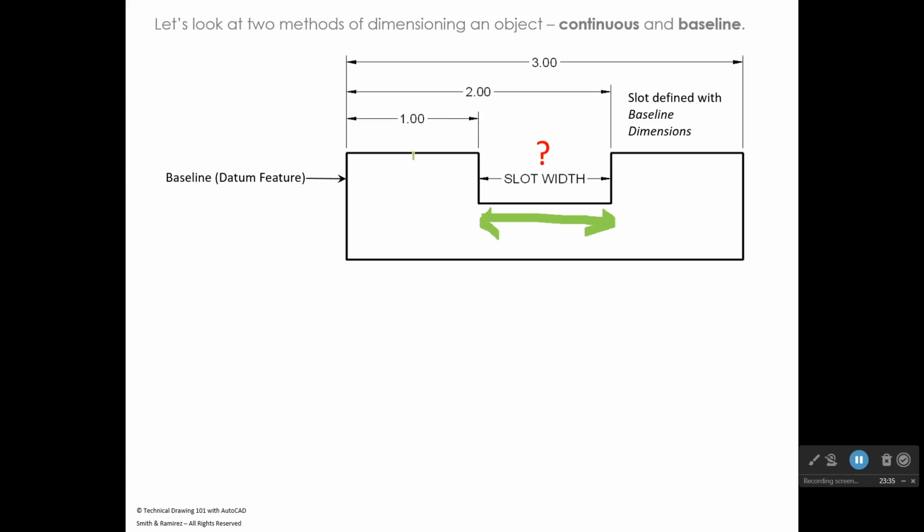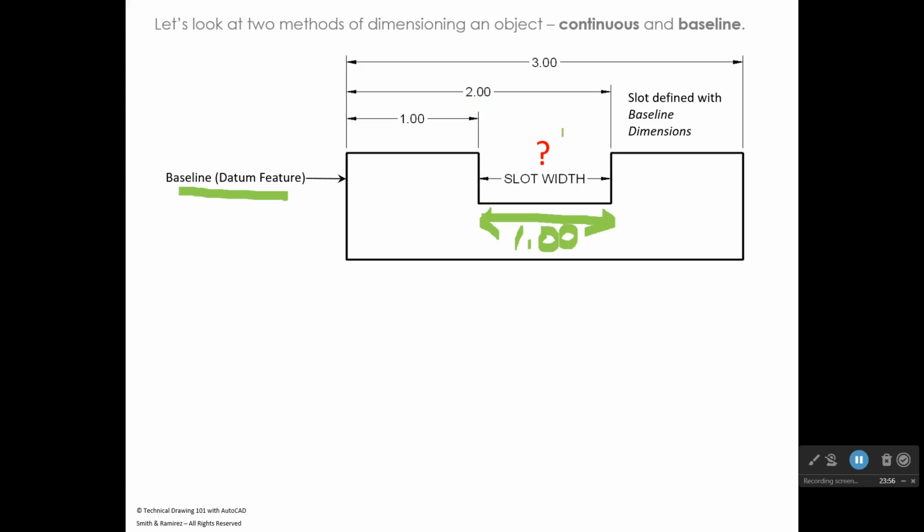Okay. So if you start at this datum feature over here, which we have right here on the edge, and we measure over 1, and then we come back to that datum feature and we measure over 2 inches, that defines our slot. So our slot would be 1.00.